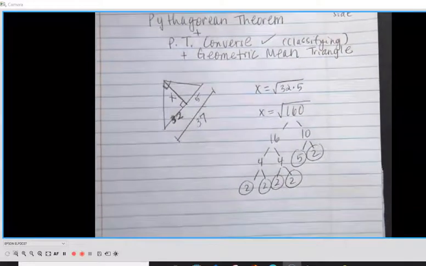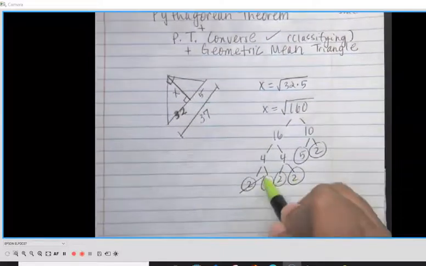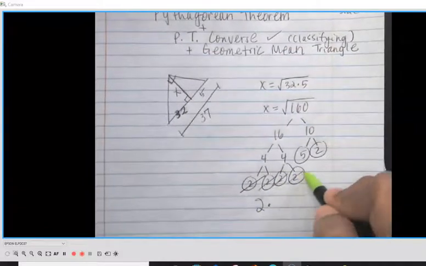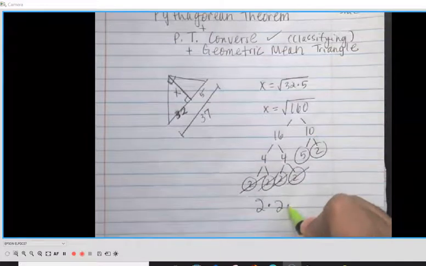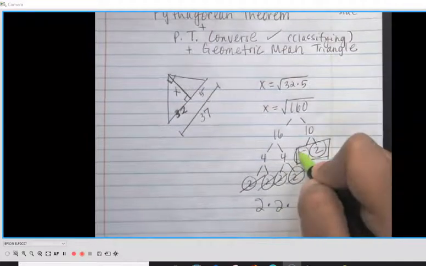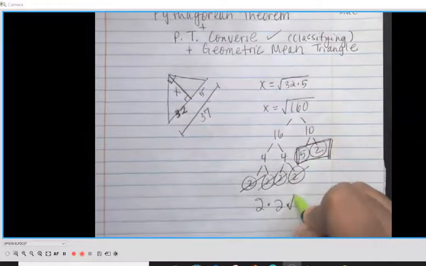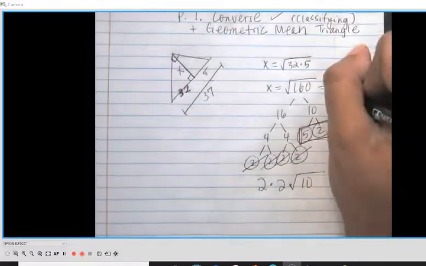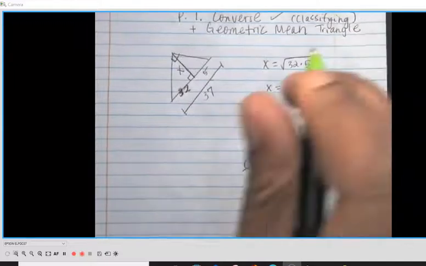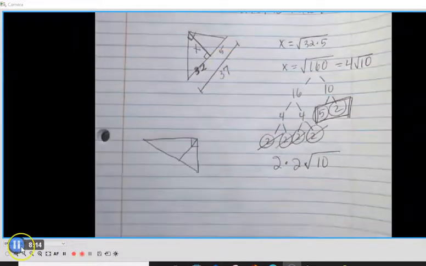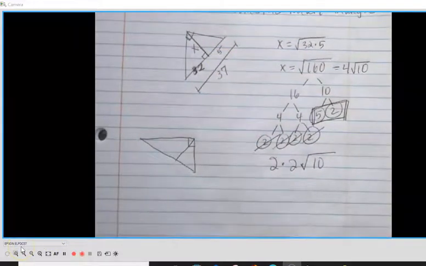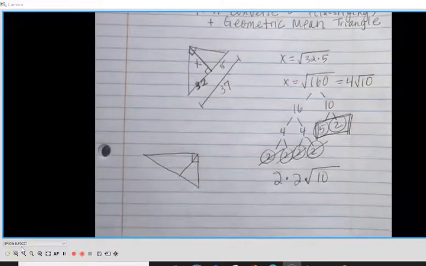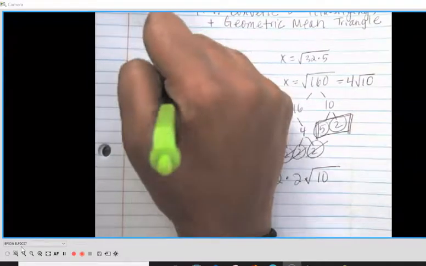Because I have these two as a pair, I'm going to bring out a 2. Here's another pair. And then these two are the singles. So that's going to be just the root of 10, 5 times 2. So the answer to this is 4 square roots of 10. I hope everyone can see that from this one. Again, this was number 9 in the practice.